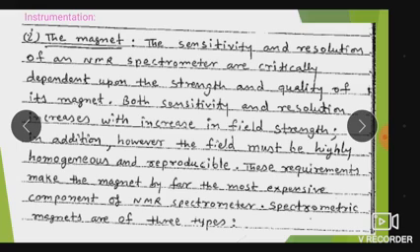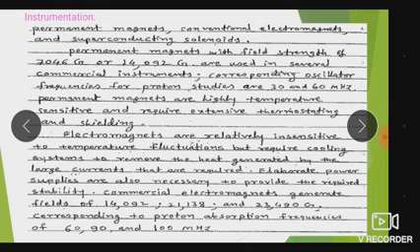The magnets used in the NMR spectrometer are of three types: permanent magnets, conventional electromagnets, and superconducting solenoids. Permanent magnets with field strengths of 7046 gauss or 14,092 gauss are used in several commercial instruments.